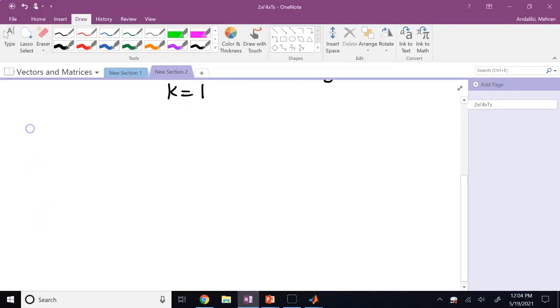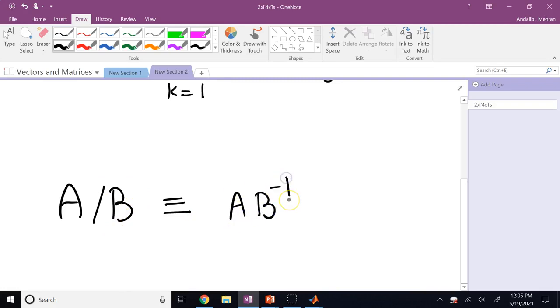So what is it that I'm doing? When I say matrix A divided by B, what does it mean in Matlab? In Matlab, this is equal to, instead of B, I'm using the inverse of B, and I'm doing A times B inverse. Okay? That's what I'm doing.